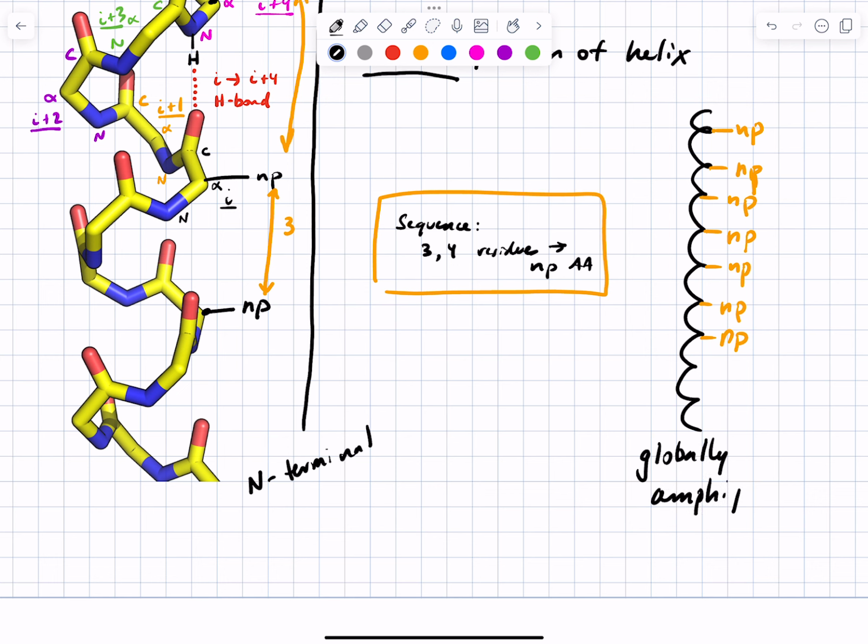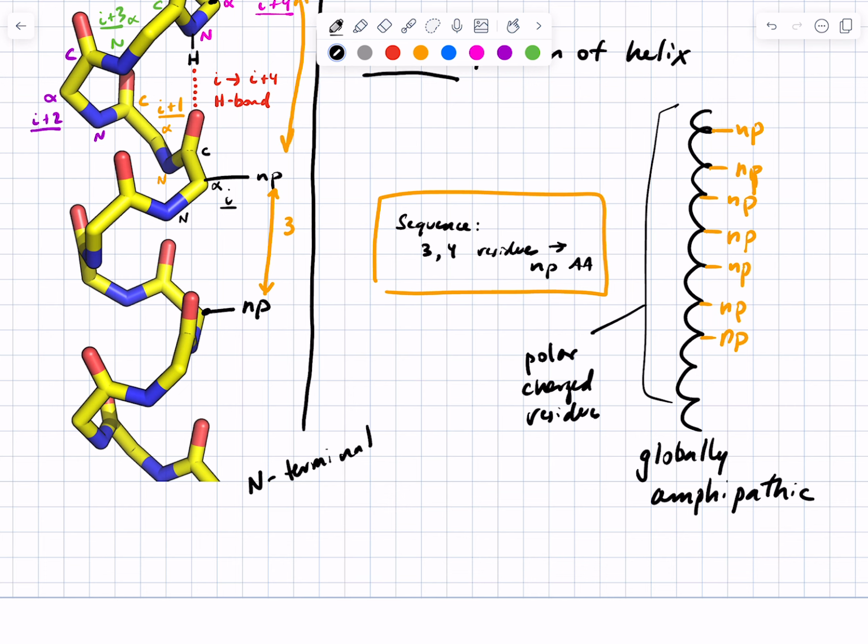Amphi means both, and pathic means love. Amphipathic means something that has 2 different characters. It has one side of the helix that's nonpolar, and then we would see this other side of the helix is composed mostly of polar and charged residues.